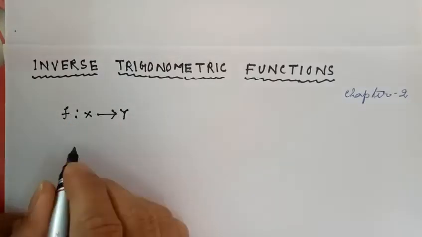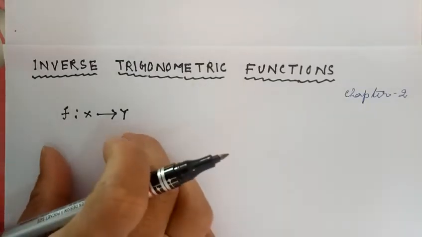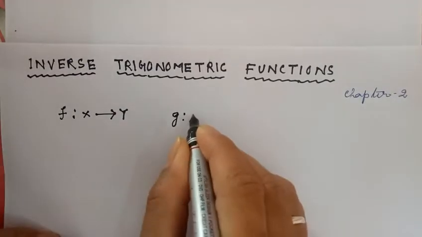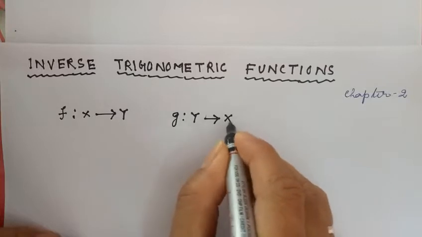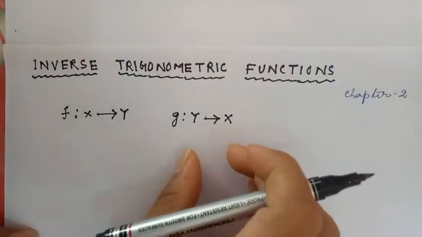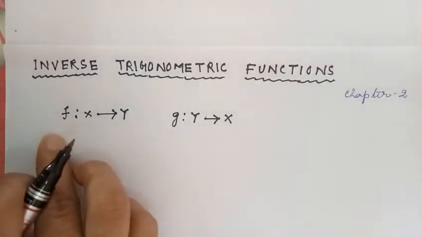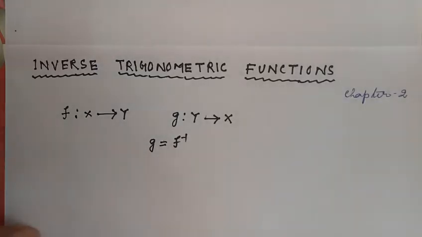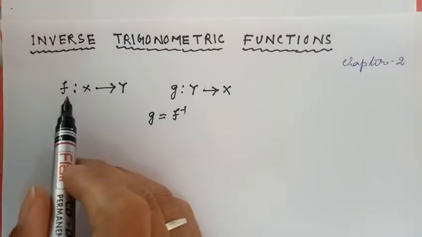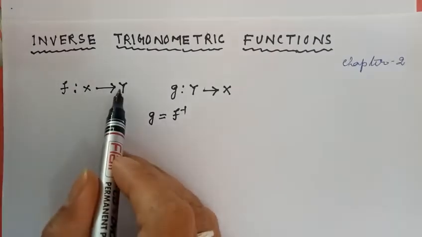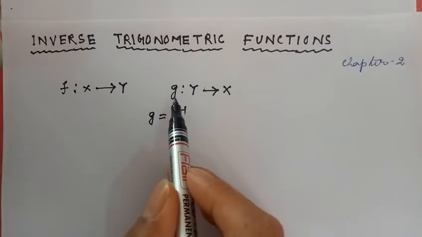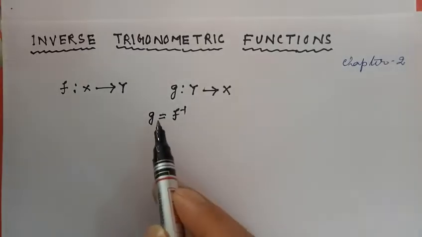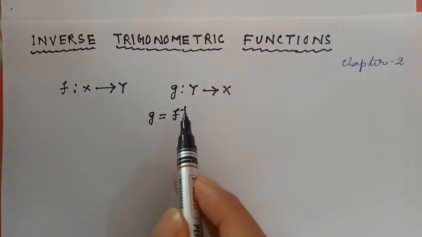If there exists a function g from y to x, then g is called the inverse of f and g is written as f inverse.